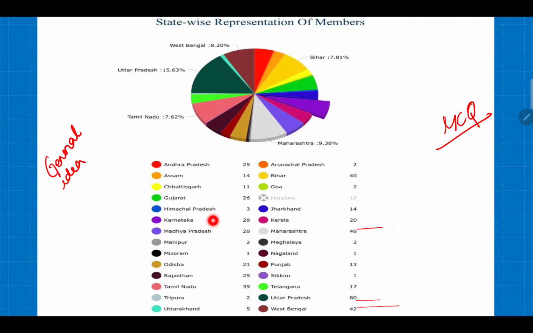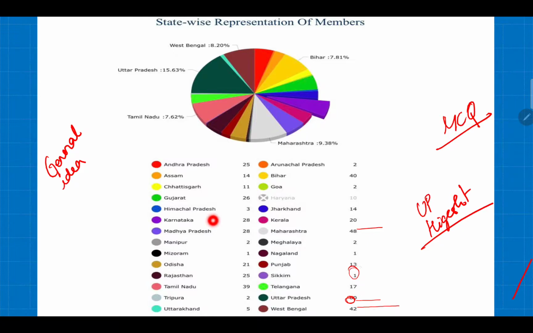Sikkim has 1 member of parliament. Uttar Pradesh has 80 representatives, so Uttar Pradesh is the highest.